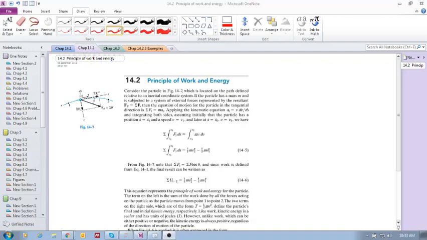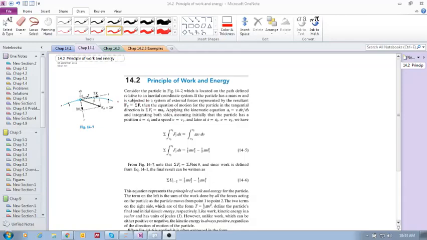Recall that when we're trying to find the work done by the forces, we have to either get the component of the resultant force in the direction of motion, or the component of the displacement in the direction of the force, and that is just the dot product, or using cos theta.